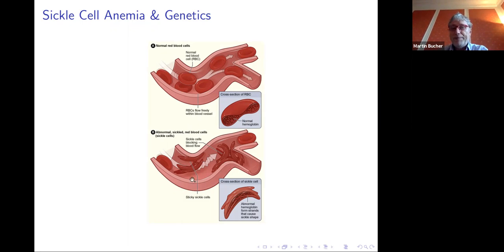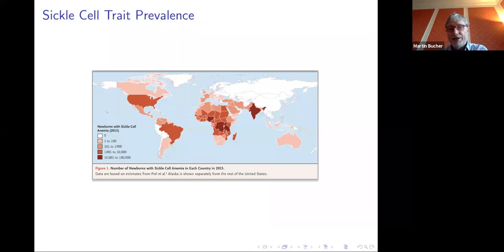But if both of the hemoglobin genes, one from the father and the mother, have the sickle cell trait, then that leads to disease, with these defective blood cells that create all sorts of problems in the absence of malaria, and really can shorten the life of someone who has both of these genes.